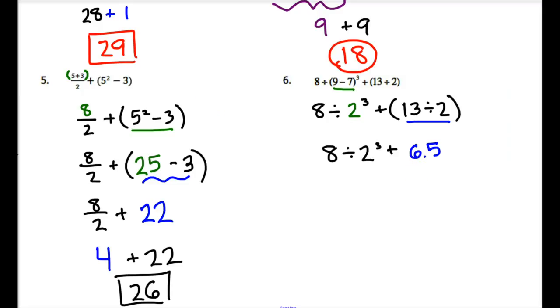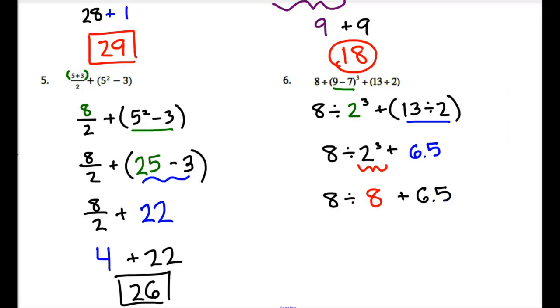Okay, the next step in order of operations is to do my exponents now that my grouping symbols are done. So right here I have 2 to the third power, or we sometimes say 2 cubed. This is 2 times 2 times 2, and 2 times 2 times 2 is in fact 8. So this gives me a positive 8. So now I've got 8 divided by positive 8 plus 6.5.